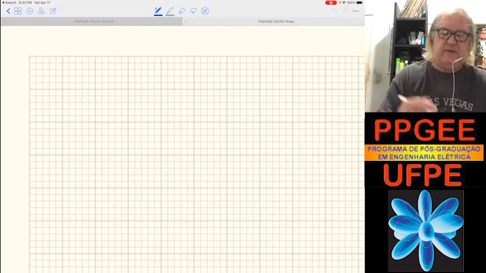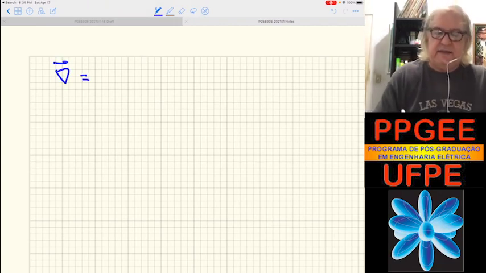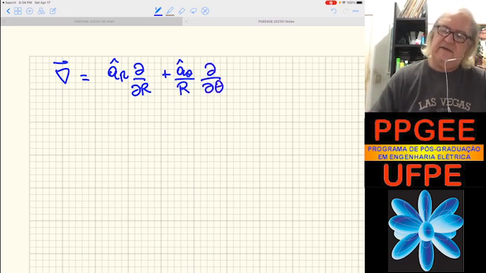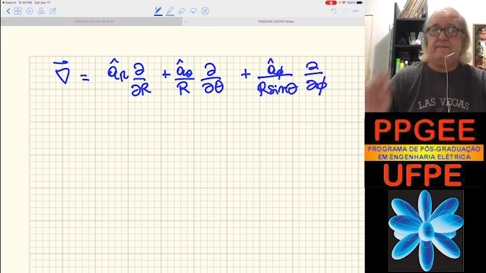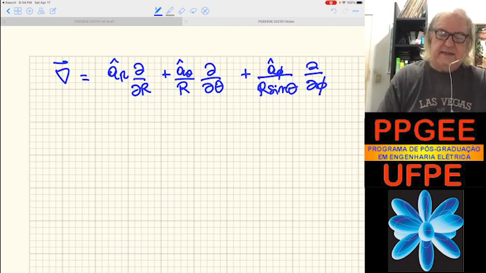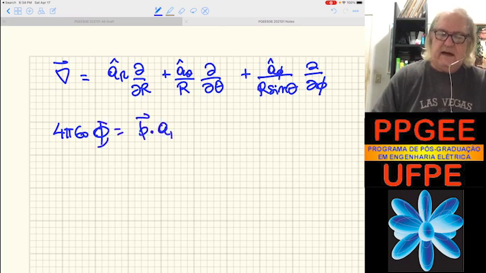Nabla in spherical coordinates is a_R d/dR, plus a_theta (1/R) times the derivative relative to theta, and a_phi with 1 over R sine theta times the derivative with respect to phi. Essentially, 4 pi epsilon 0 times the potential equals P dot a_R over R squared.